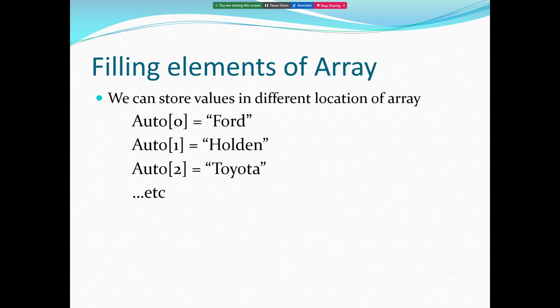So each location in the array has an index value, and index starts at 0. So to store or to access a particular location, you give the array name and the index location value, and then you insert the value you want to be stored.